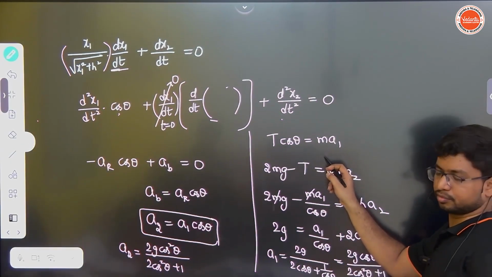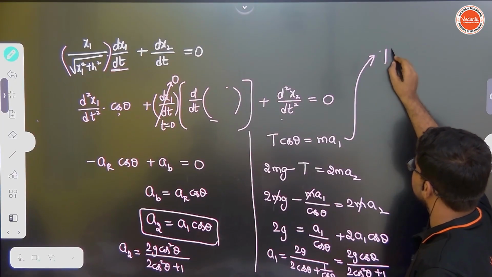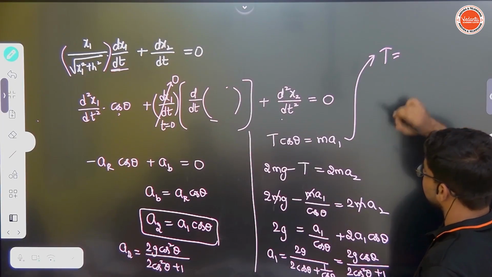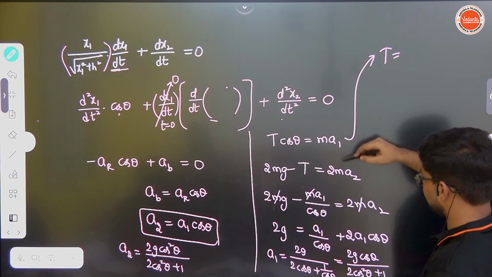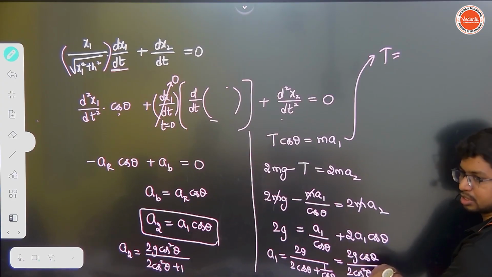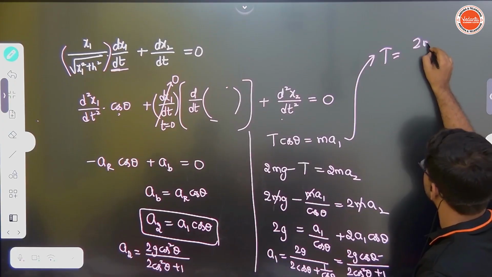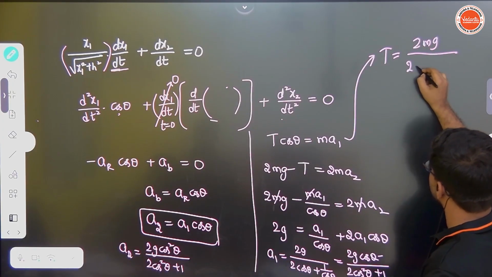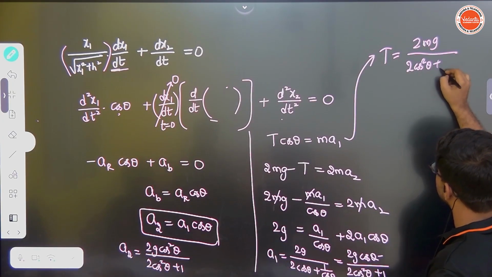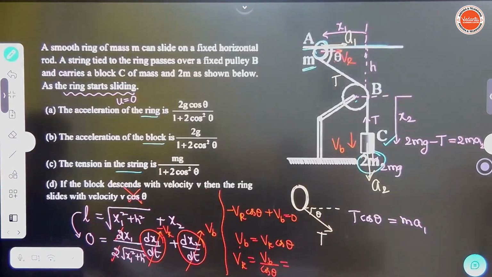Then how do you get the tension here? From this one, right? We have the a1 value here. So tension T is equal to m a1. You have to multiply this term with m and divide with cos theta, so this cos theta will go away. Then you will get 2mg divided by 2 cos square theta plus 1. Now see which options are correct here.